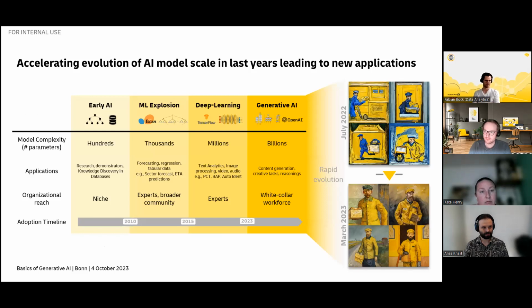Some words on the evolution. So how is generative AI compared to all these other AI terms we've seen in the past? In the beginning, I would say in the 90s or even early 2000s, you had these decision tree based models or linear regression and so on, and it was basically all academia where they were used, so very niche.